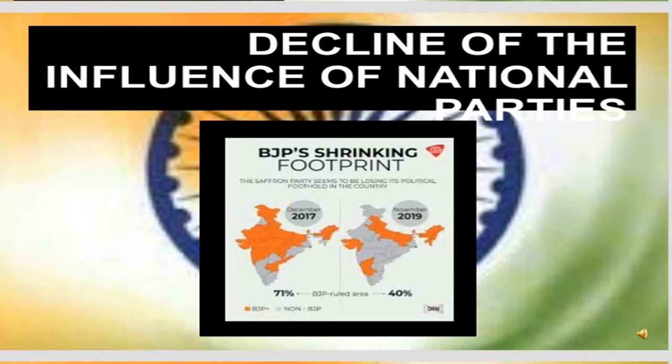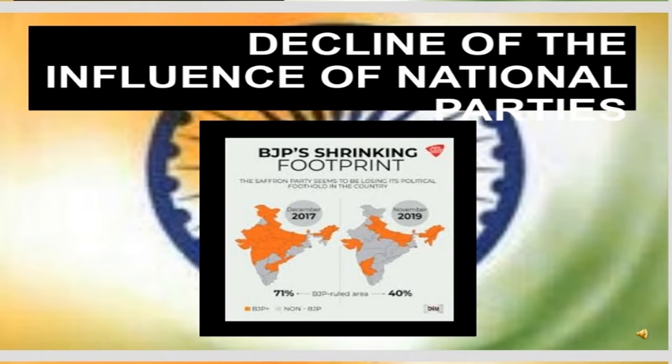Next, decline of the influence of national parties. There are so many national political parties in India, and they are not in a position to gain the majority at the central level. In the 13th Lok Sabha elections, Bharatiya Janata Party had 182 seats, Congress 114 seats, Communist Party of India Marxist has only 33 seats, whereas the position of Indian national political parties was quite poor.